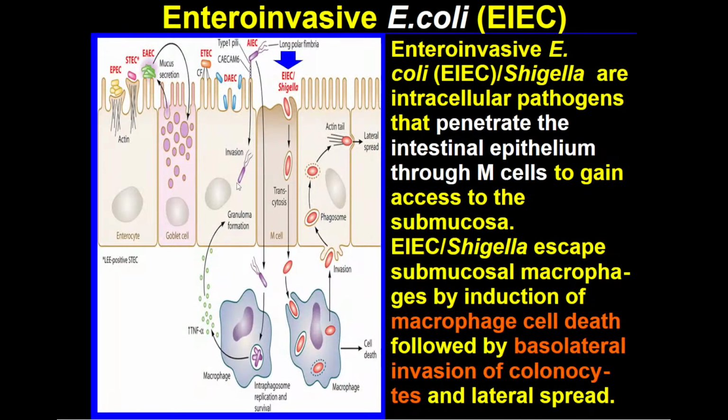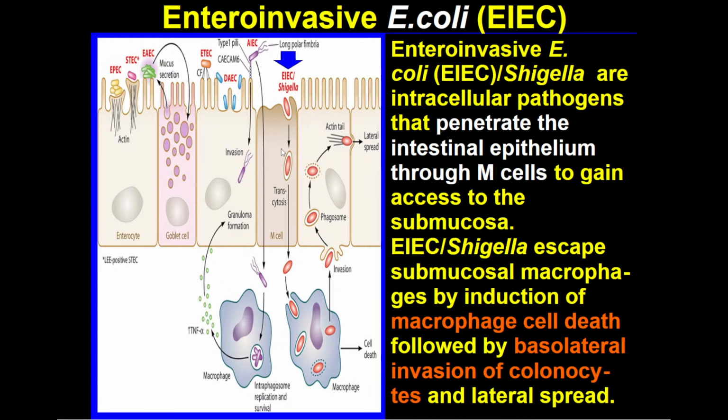So what is the pathogenesis that's shown in the picture? They are usually intracellular pathogens that penetrate into the intestinal epithelium through M cells and goblet cells, right? And M cells.